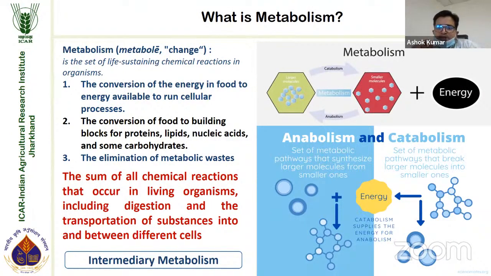There is one more basic difference. In anabolism, you will see that most of the anabolic processes are reductive in nature, which means they are processed under a reductive environment.